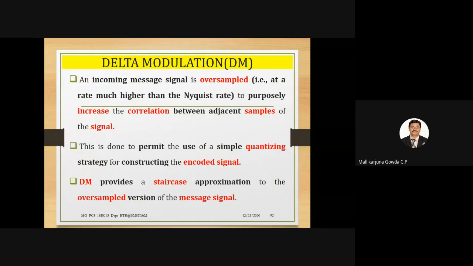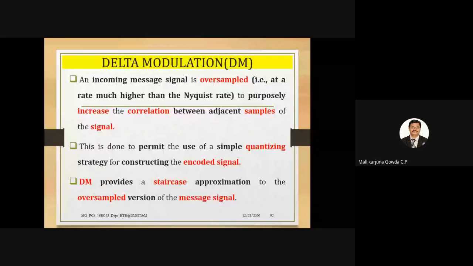So in case of delta modulation, the incoming message signal will be oversampled, which is done to increase the correlation between the adjacent samples of the signal, so that we can use a simple quantizing strategy for constructing the encoded signal. Delta modulation also provides a staircase approximation of the oversampled version of the message signal.